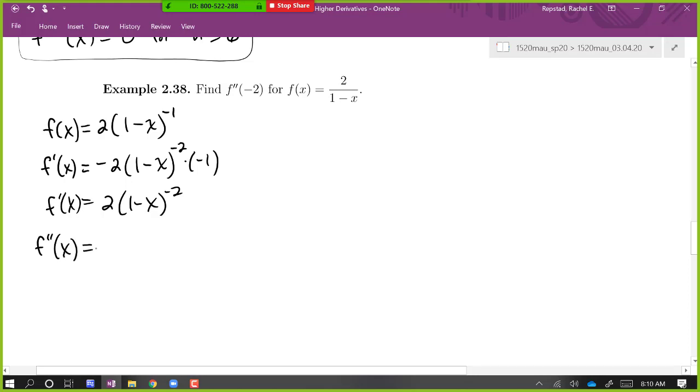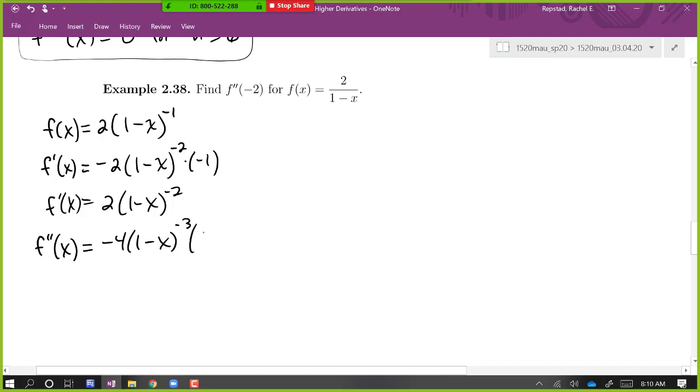Who wants to start us off finding the second derivative? Negative 4 times 1 minus x to the negative squared power times negative 2.